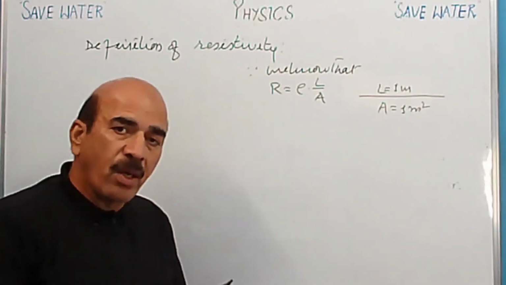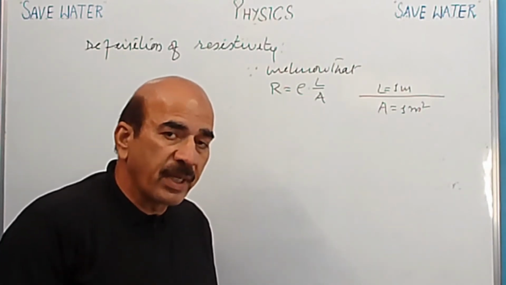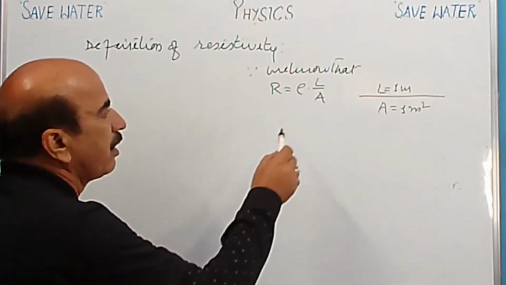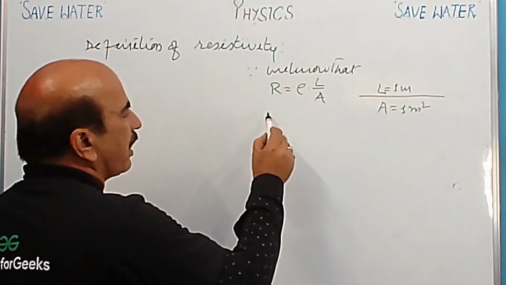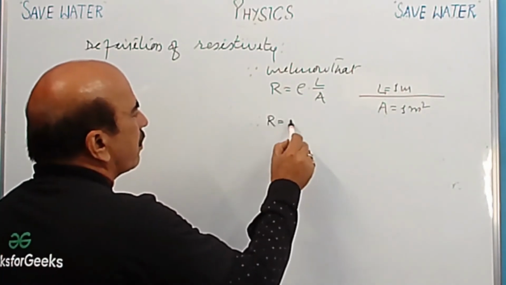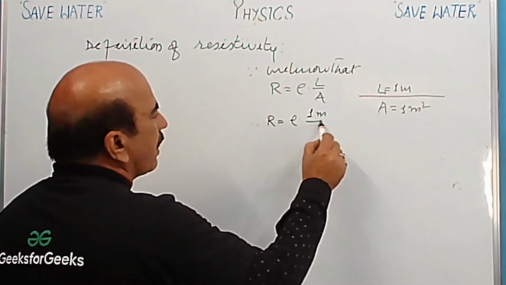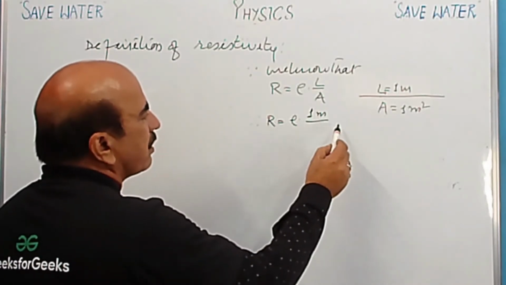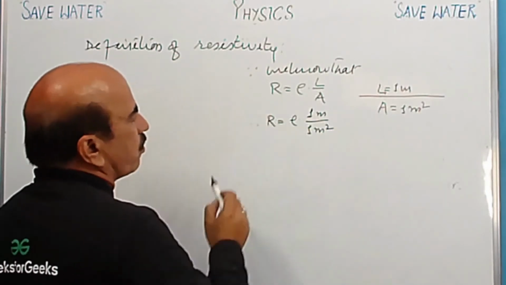The unit of area of cross section is meter square. Now if we put the value of length and area in this formula, R is equal to rho, length is 1 meter, and the area of cross section is again 1 meter square.